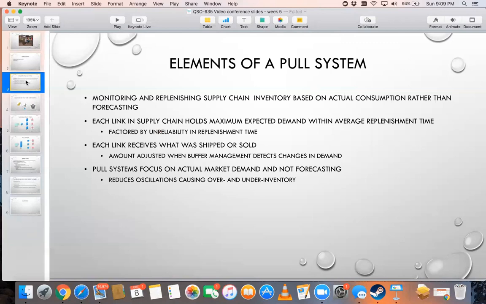And this is very important because 2 weeks ago we covered EOQ, economic order quantity. And as I mentioned before, economic order quantity encourages large lot sizes, because in essence what that says is we're going to determine the lot size that we need in order to minimize total costs.